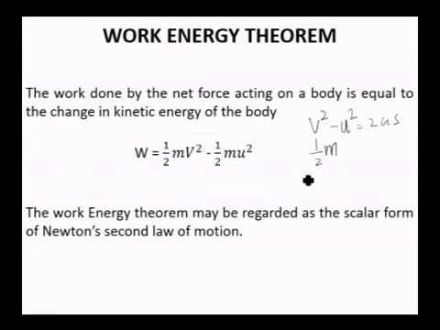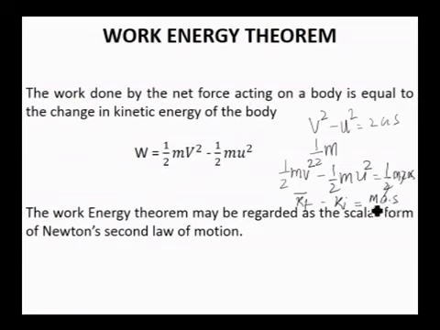Half m v square minus half m u square is equal to half m into 2as. The 2 cancels. This is the final kinetic energy minus the initial kinetic energy, which is equal to m a into s. But I know m a is force and s is the displacement. What is force into displacement? It is basically work done. Therefore, the work done can be written in terms of change in kinetic energy.